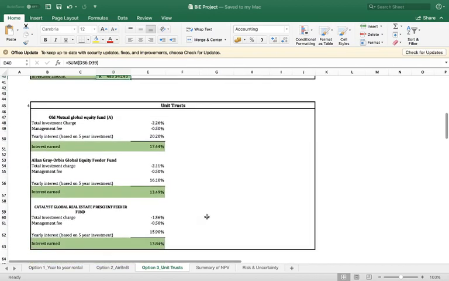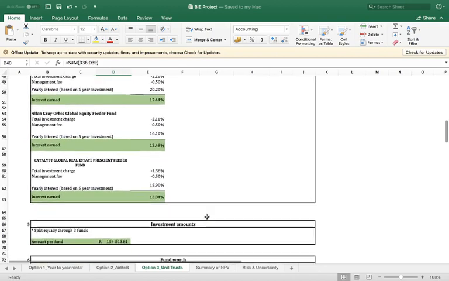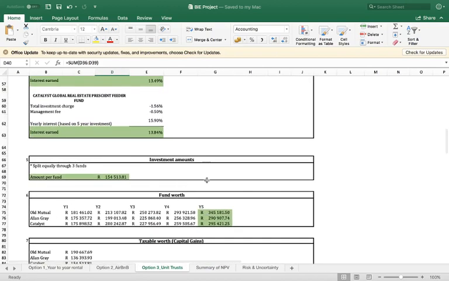3 unit trusts were chosen as they gave the highest interest earned over the last 5-year period. We will split the funds available for investment equally into these 3 funds.